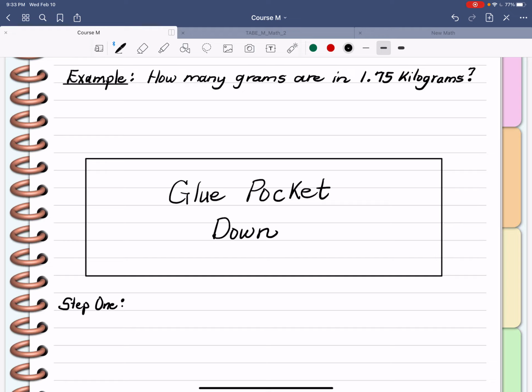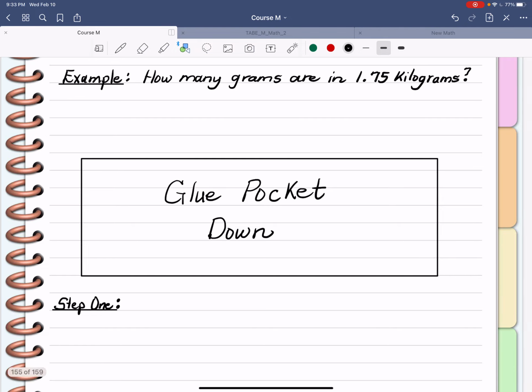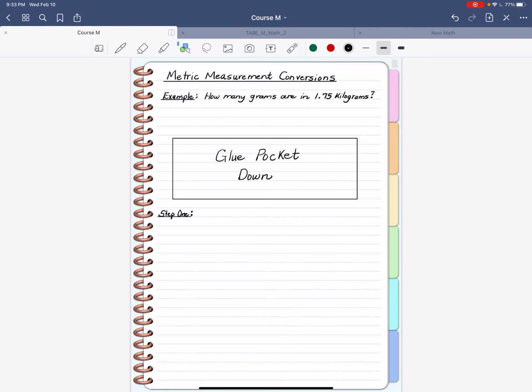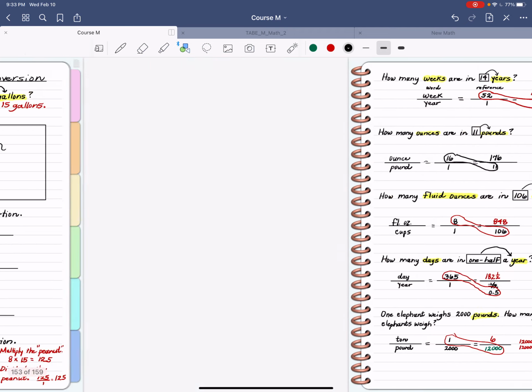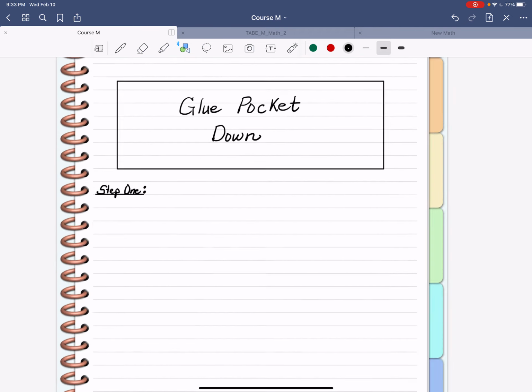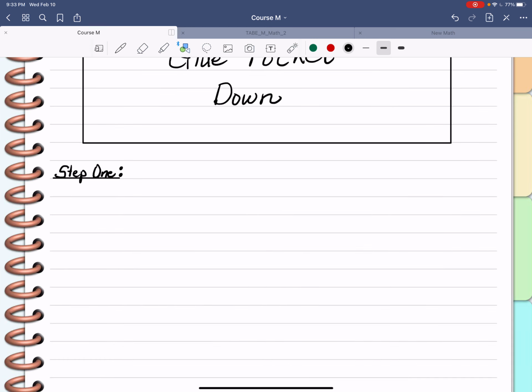Step 1, and I tell you what, I'm even going to word them the same because I want to emphasize that. So bear with me just a second. Set up the conversion proportion. I don't even want to change the wording on you because I want you to know it's exactly the same. So set up the conversion proportion.